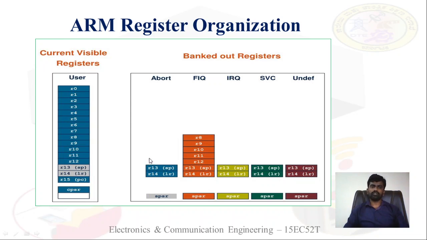These are used when the processor executes in that particular mode, for example abort mode. In FIQ mode, these registers are specially used, and similarly in the remaining modes. So these are 17 visible registers and these are 20 banked registers. Totally there are 37 registers in the ARM processor.